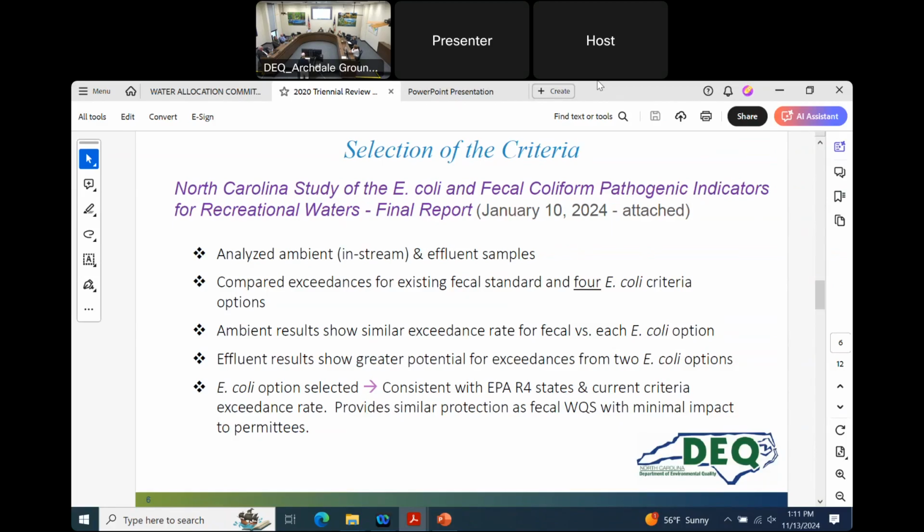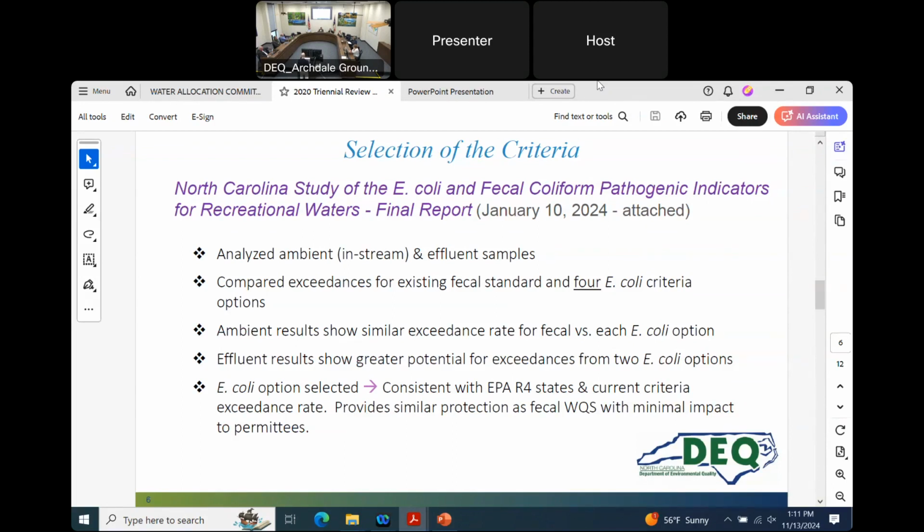It was published on January 10th in 2024. It's also attached with the materials today, and I definitely recommend taking a look at that. The slides here, in order to be concise, don't repeat a lot of that information, but I'll touch on some of the information provided in that report.